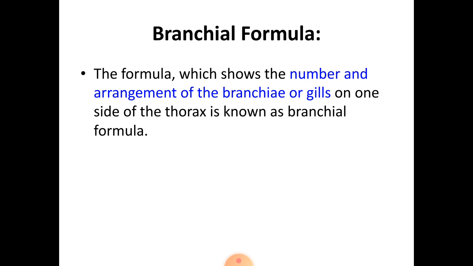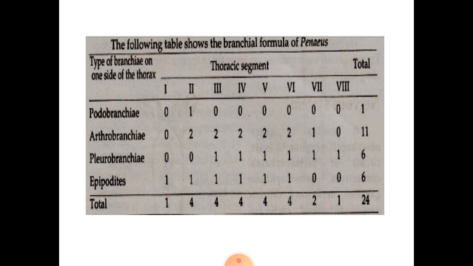The branchial formula is a formula which shows the number and arrangement of branchiae or gills on one side of the thorax. So this is the branchial formula of Penaeus. Here we can see the types of gills, podobranchiae, arthrobranchiae, pleurobranchiae, and the accessory respiratory structure epipodite on the left-hand side, and above, 1, 2, 3, 4, 5, 6, 7, 8.